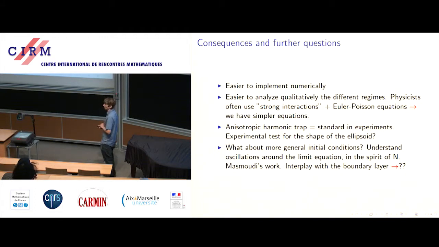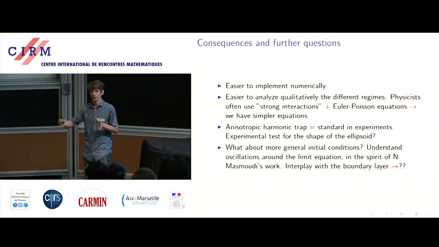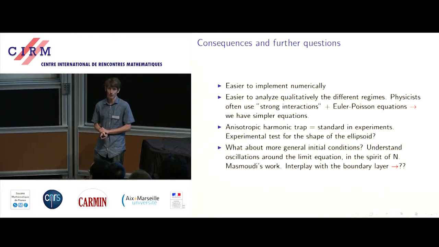To understand this, we have to understand the oscillations created by the electric field, well, pseudo-electric field, sorry. But then the interplay with the boundary layer close to the boundary of my domain is complicated, and we don't know how to do that for now.